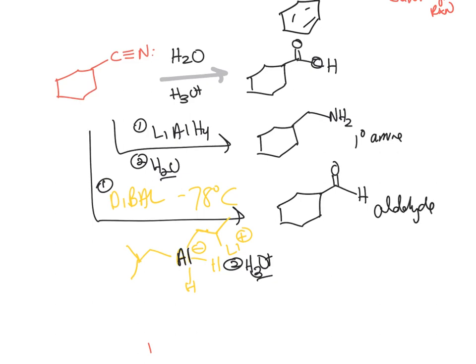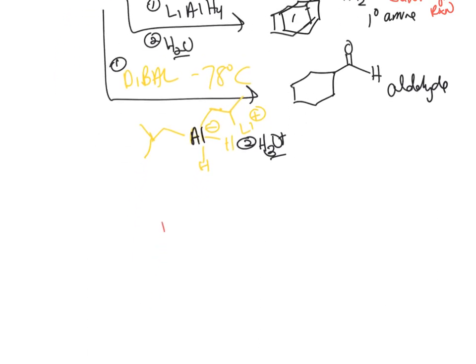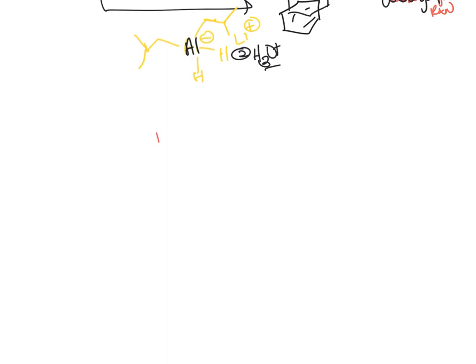Okay. The other thing you can use DIBAL on, so just talking about DIBAL here, those other reactions I wanted to hit. If you go on acid chloride, you can take an acid chloride and use DIBAL, and that will give you an aldehyde.